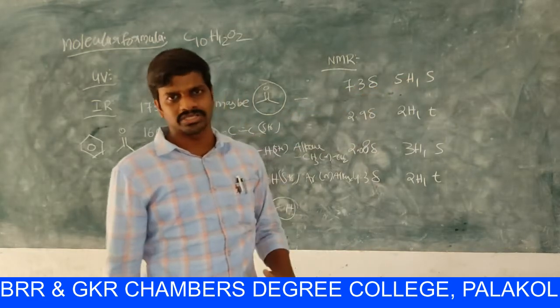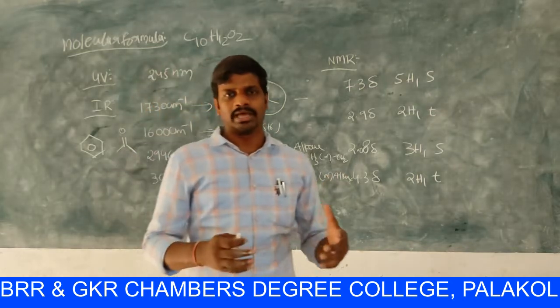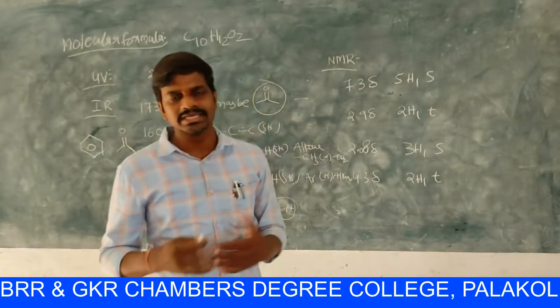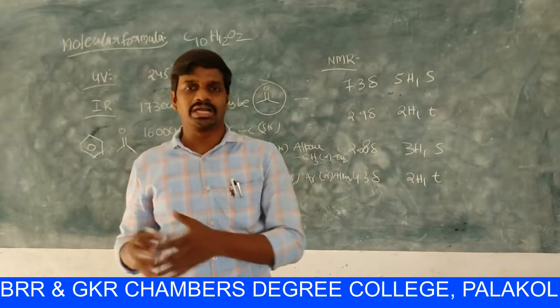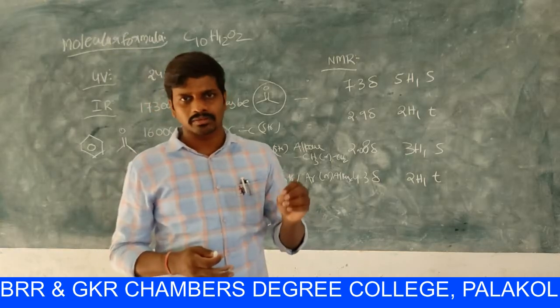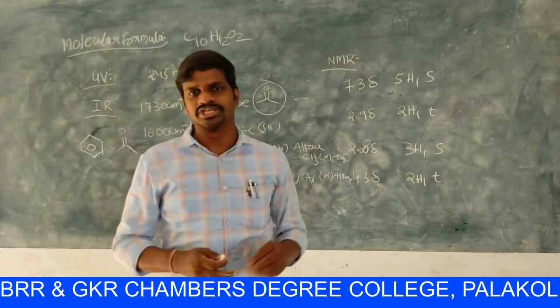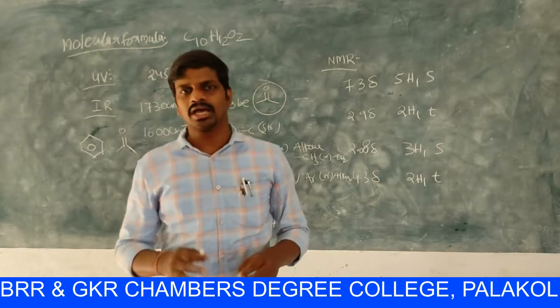In the last session we already discussed the chemical shift values for an aromatic benzene ring. The chemical shift for an aromatic benzene ring is 6.5 delta to 8.0 delta. If the molecule has an aromatic benzene ring, the protons present in the benzene ring exhibit a chemical shift at 6.5 delta to 8.0 delta or 8.5 delta.